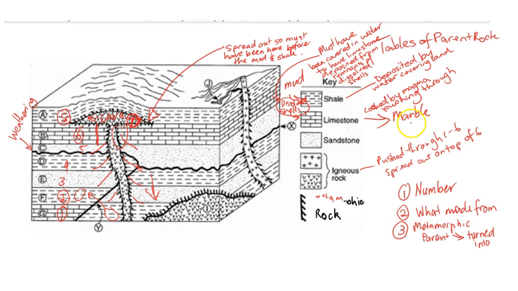So here's an example of number 2: limestone only comes when you have water covering it and you have deposit of dissolved shell organisms being laid down. So I've made some notes about where limestone comes from. I've also got an example here of the mud making shale. That's another example of number 2.